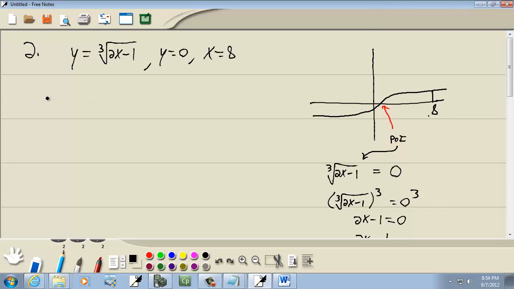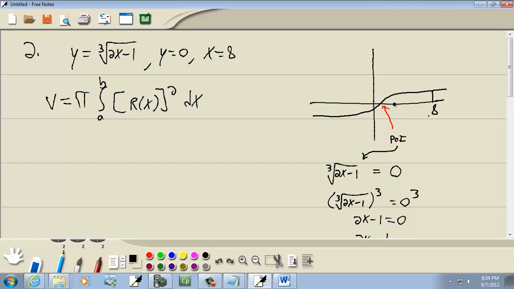Now our formula for the disk method about the x-axis is our volume is equal to pi, integral from a to b, r of x squared dx.